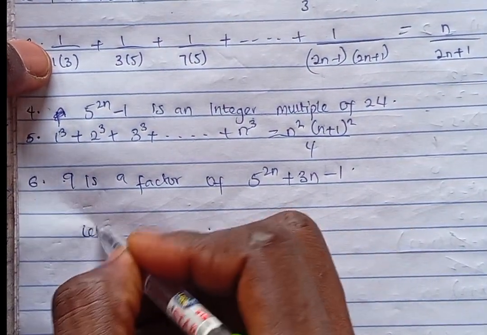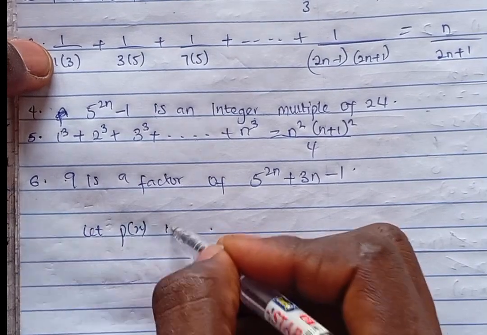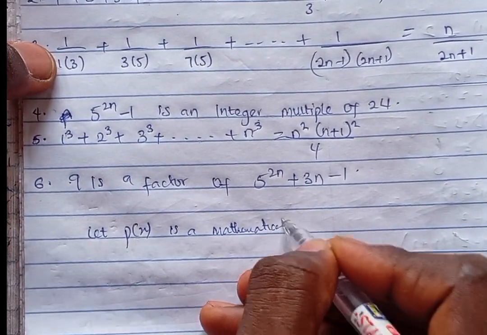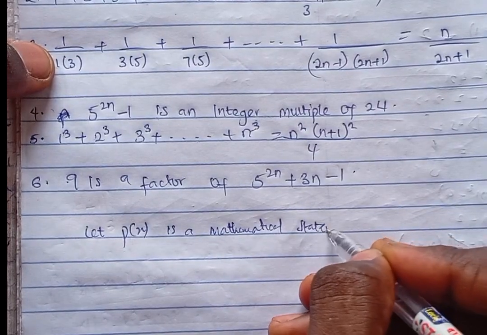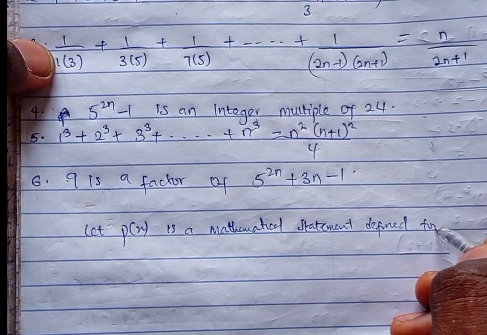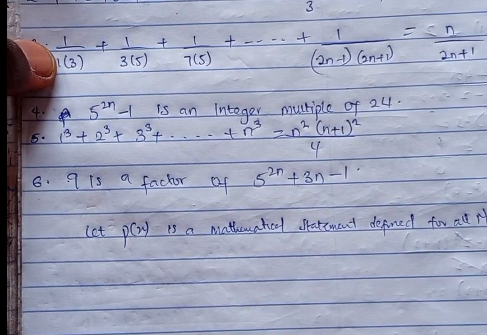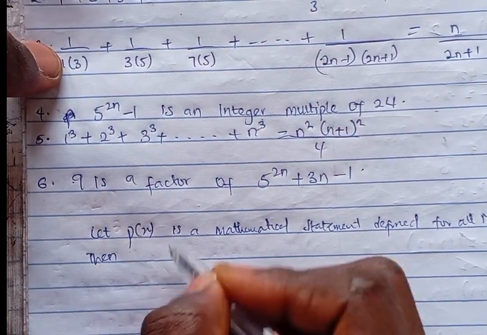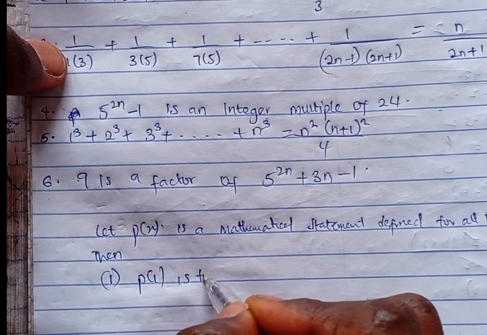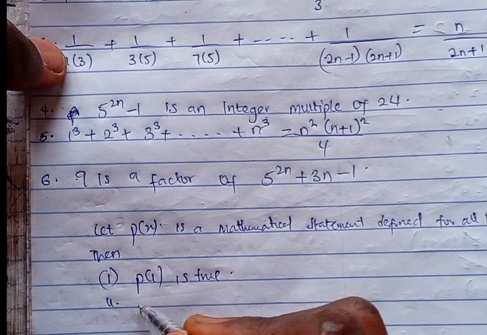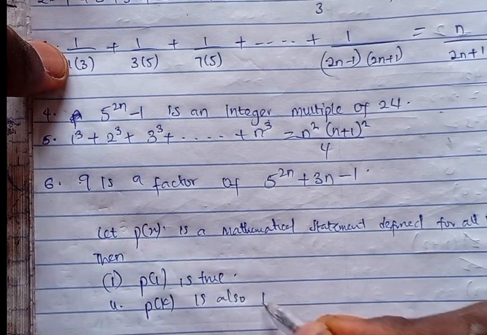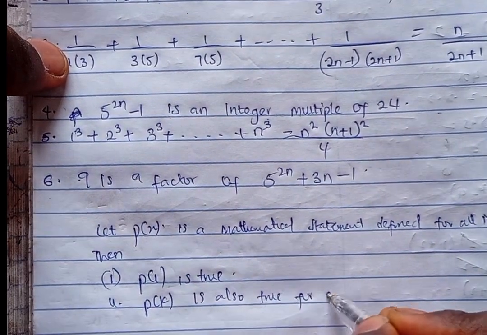Now let's say P(n) is a mathematical statement defined for all natural numbers n. Then we can say P(n) is true if, number one, P(1) is true. Two, P(k) is true for some n equal to k.